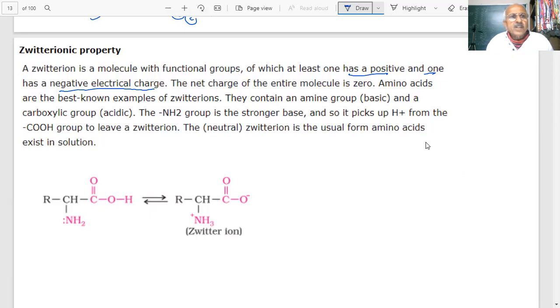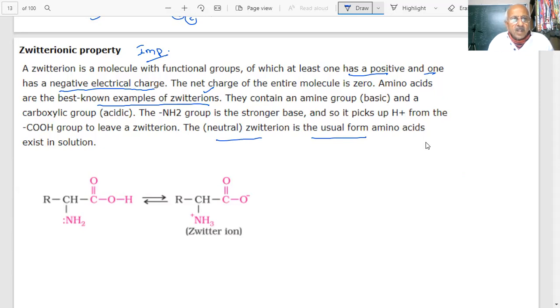Amino acids are the best known examples of zwitterions. Therefore, it is an important question for the paper, and has been asked repeatedly. They contain a basic and a carboxylic acidic group. The NH2 group is a strong base, so it picks up a proton from COOH to leave a zwitterion. The neutral zwitterion is the usual form in which an amino acid exists in solution.